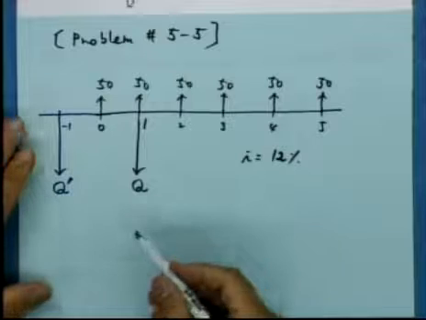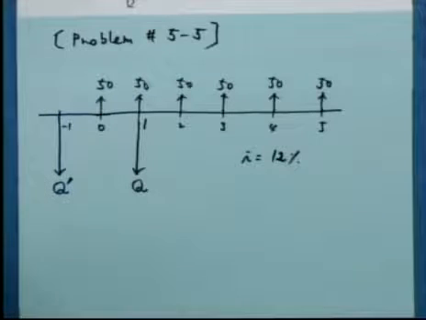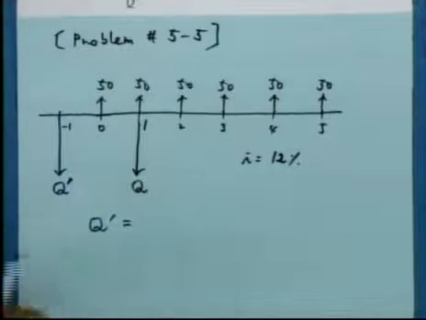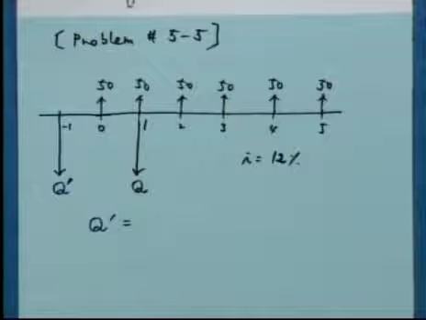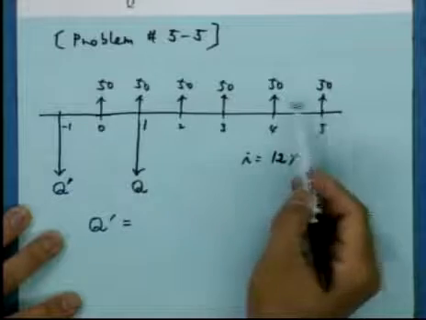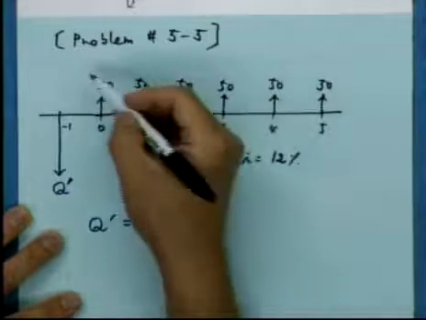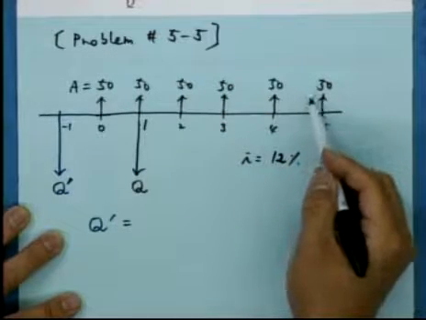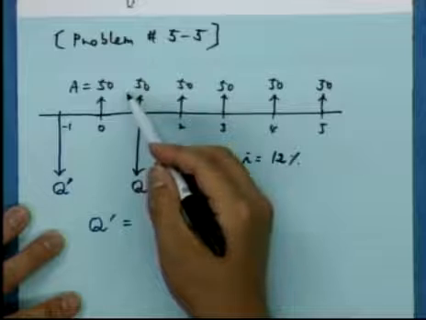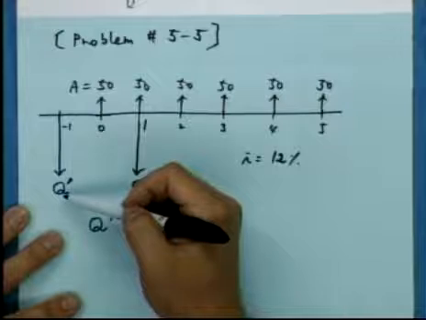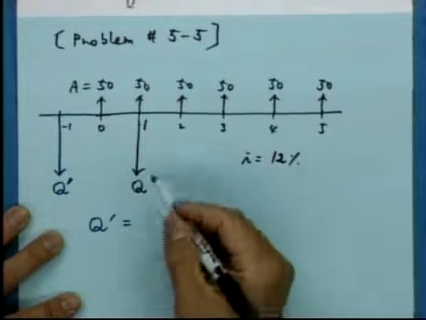So, in that case, how to get Q prime? In that case, a uniform series of $50, uniform series A equals 50, can be converted to an equivalent present sum, in this case, Q prime, by using the uniform series present worth formula.